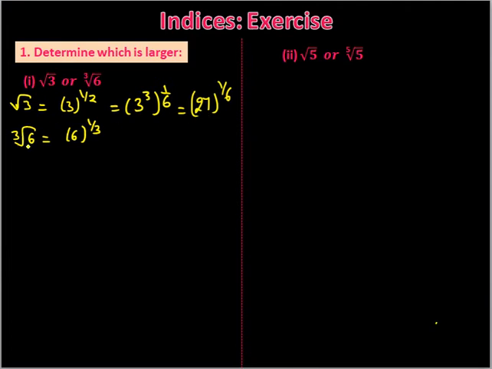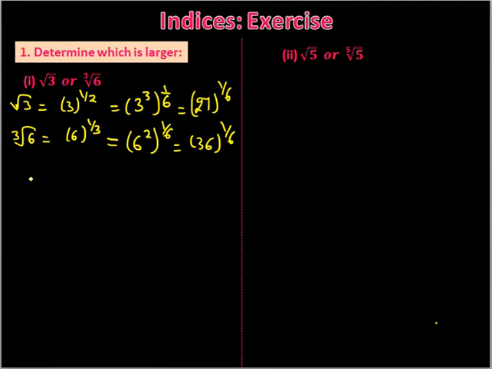Okay, now in the same manner, we'll convert cube root of 6. Now we need to convert this 3 into 6. For that, we will multiply the numerator and the denominator by 2. So we can write it as square of 6 with an exponent 1 over 6. Now square of 6 is 36. So it is sixth root of 36.